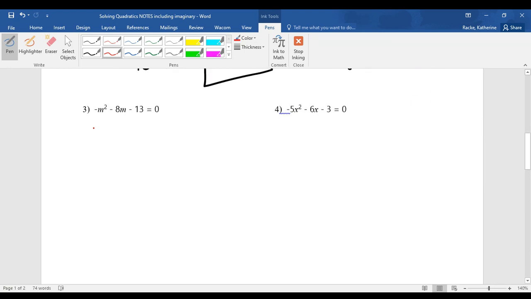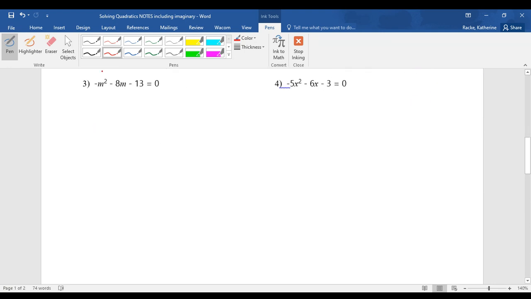All right, number 3. Let's go ahead and identify what our A, B, and C values are. A is a -1, B is a -8, and C is a -13. So we'll go ahead and plug those in.